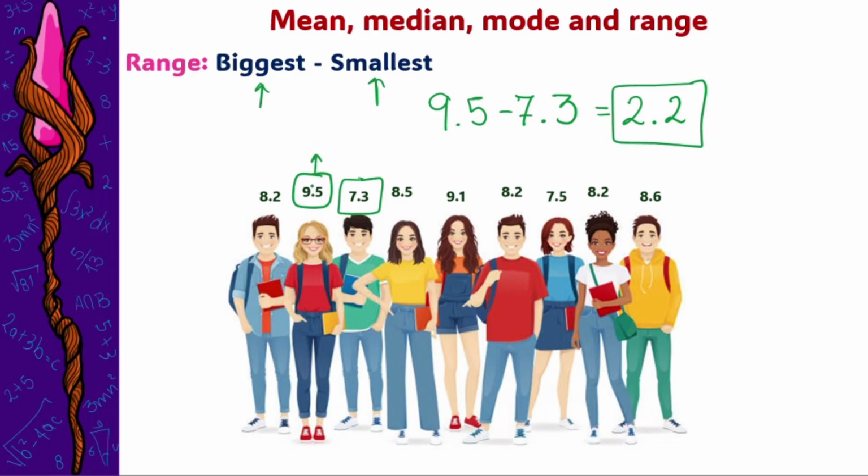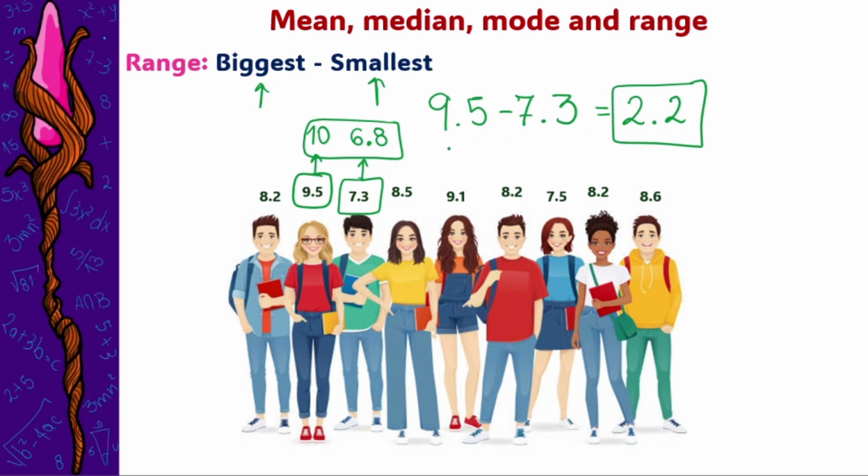This is important because, for example, imagine she didn't get a 9.5 but 10. 0.5 more than she actually got. And this student is going to get 6.8, 0.5 less than he actually got. This is not going to affect the mean. The mean is going to be the same.